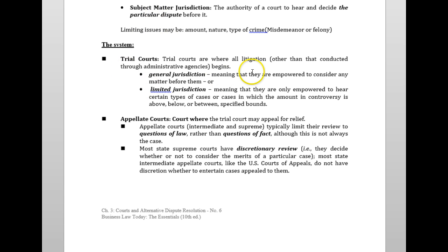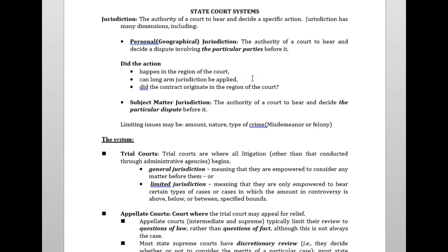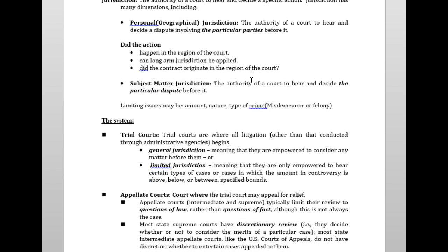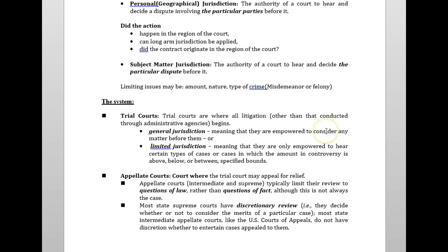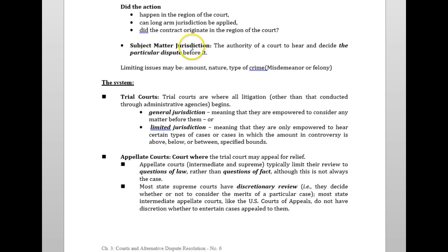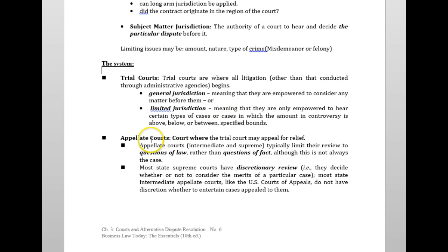One thing you must remember about the state court systems, they're all different. Usually, though, most states will have a trial court, which would be what? The original jurisdiction, the jurisdiction of origin. And they're going to have appellate courts, which are courts of appeal. Now, first, a case has to come through the trial courts.